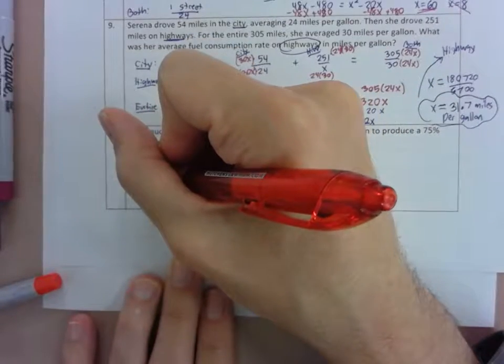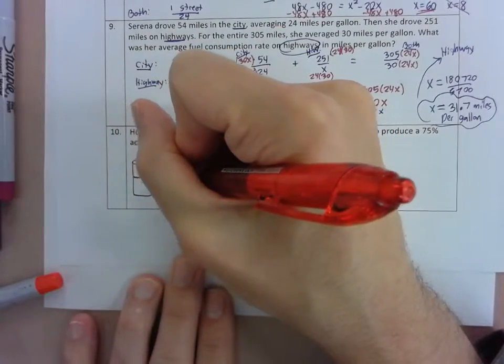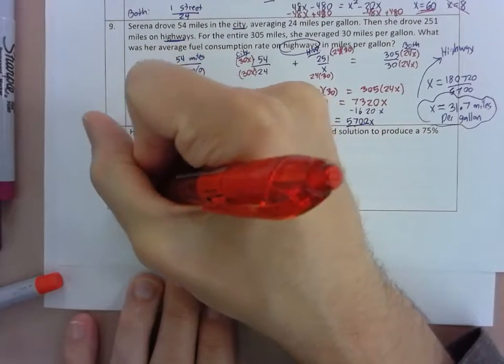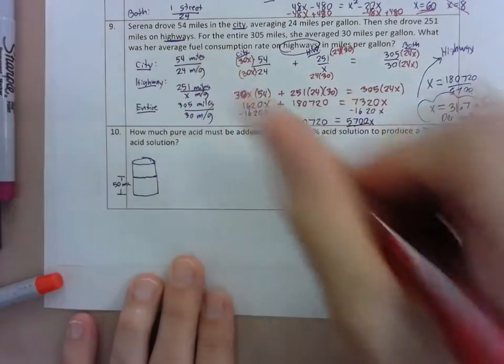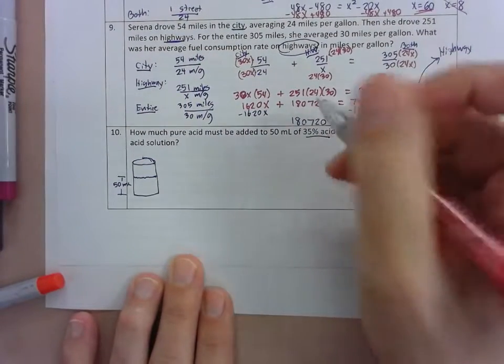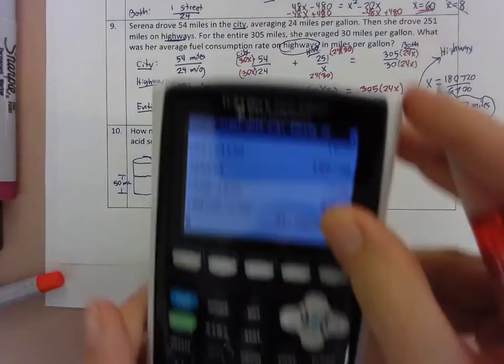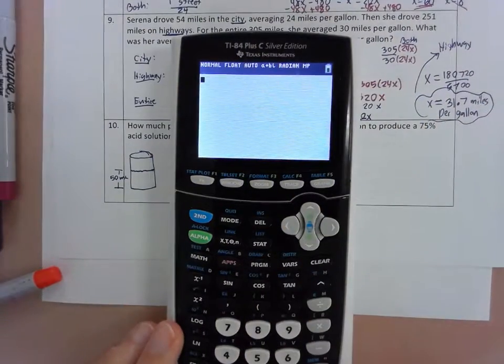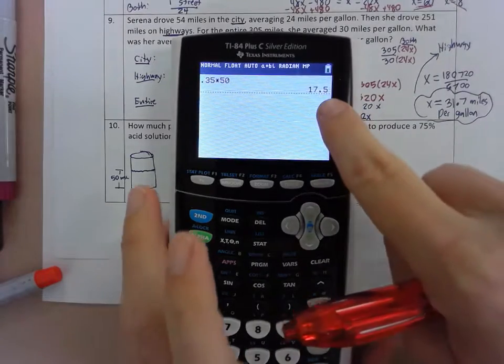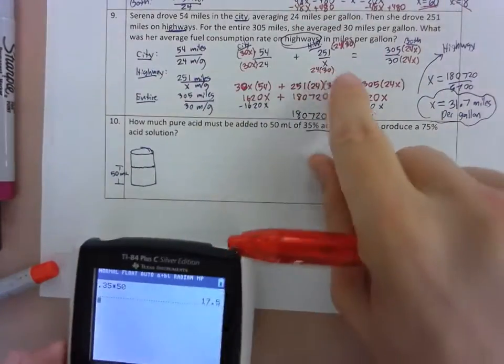So in the solution you have 50 milliliters. Now of that 50 milliliters, it says 35% is acid. So how do you figure out what is acid and what's not? Well, if you do 0.35 times 50, that part is the acid percent.